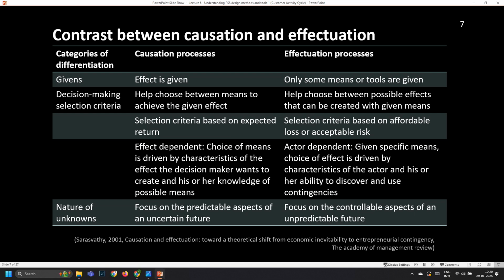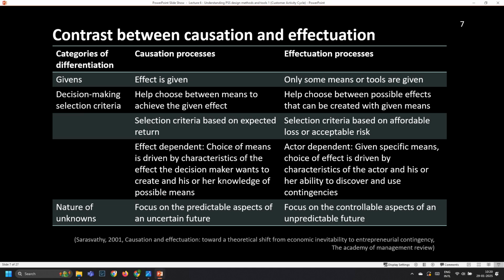And then I am showing this table taken from Sarasvathy, 2001. She wrote a very useful, in my opinion, paper comparing 2 inherently different types of processes for coming up with some sort of design solutions.